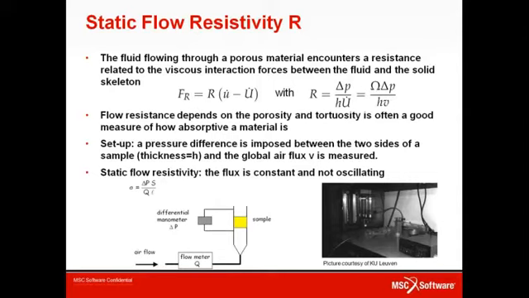And so the flow resistivity is measured using a simple test equipment where a pressure difference is imposed between the two sides of the sample and the global air flux is measured. The resistivity coefficient measured by the device that is shown on the slide is a static flow resistivity because it is measured in steady flow conditions.